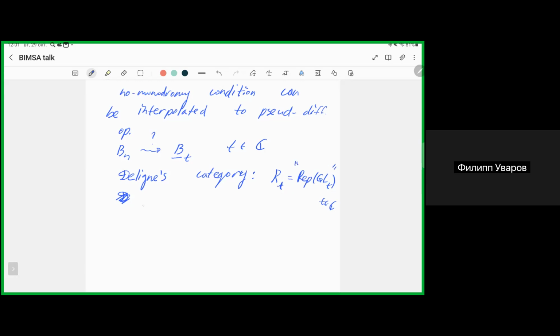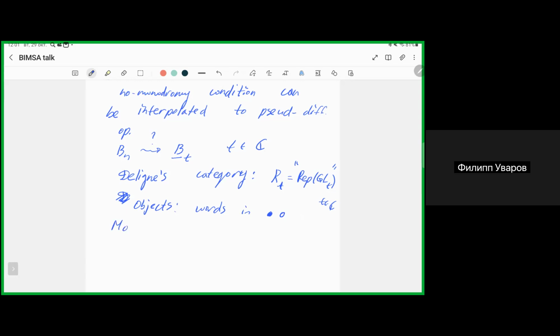So how to construct it? Objects are words in the following letters. Well, those are just 2 letters. One is a shaded dot, and the other one is empty. So these are 2 things.